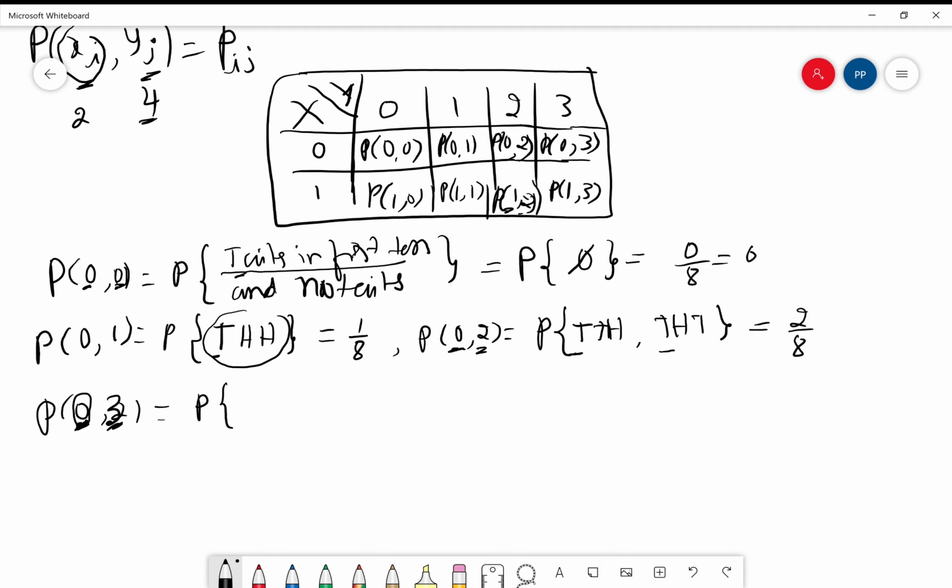This is nothing but the probability of TTT, which equals 1 by 8.